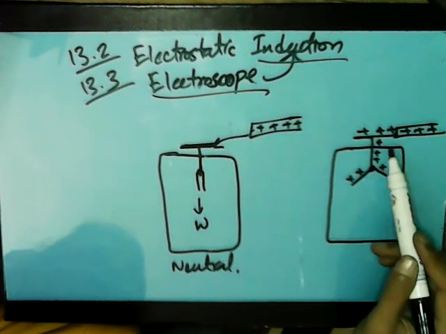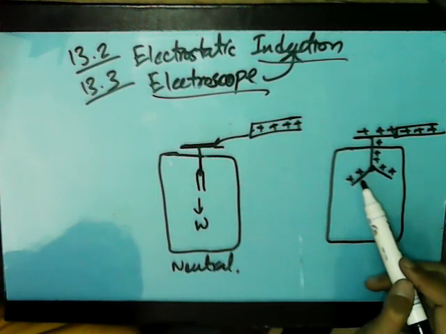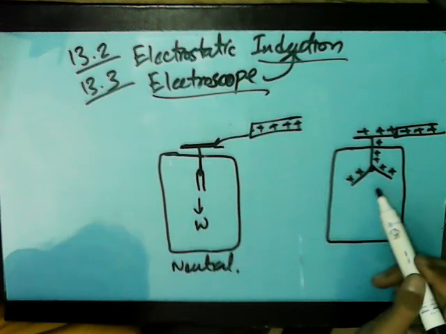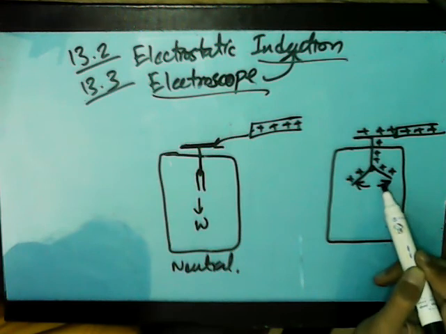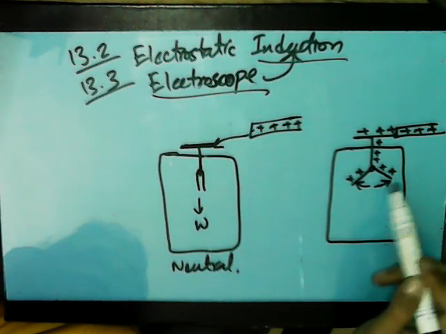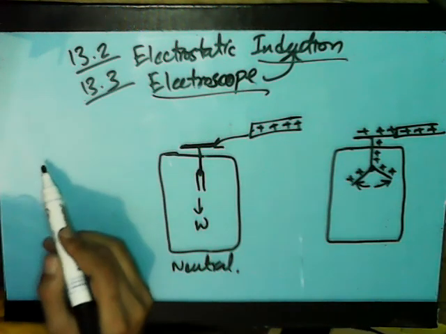Small ground means it can incorporate even a very tiny amount of electrostatic charge and still show you the deflection. Now these gold foils have repelled each other. They have opened up. Same way, now let's go to the third step.